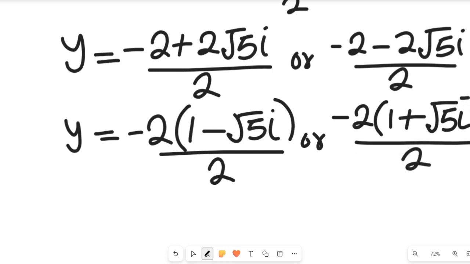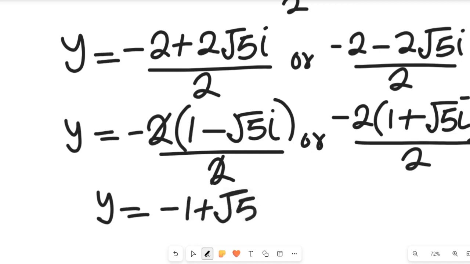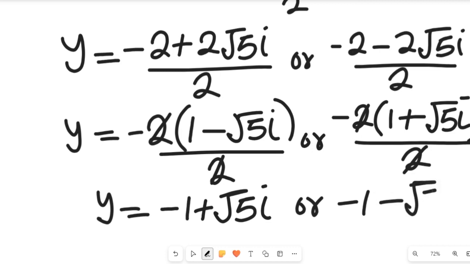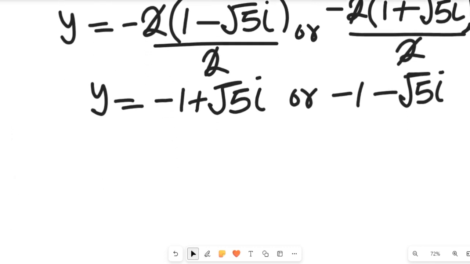So if we simplify this, you are simply going to see that 2 clears 2, and then we'll have our y equal to negative 1 plus root 5 imaginary, or negative 1 minus root 5 imaginary.